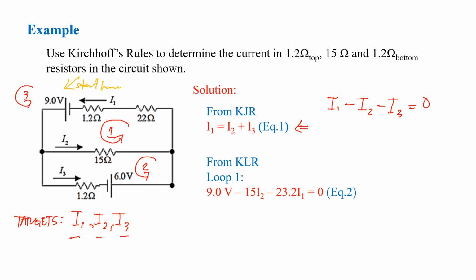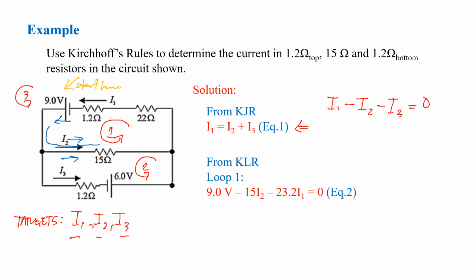So we have a counterclockwise direction. Our travel here is positive, so you have 9 volts. So we go around your loop, and then we pass here. So the current direction is this way, and your travel is this way. So they are in the same direction. So you have minus 15 ohms times I2.